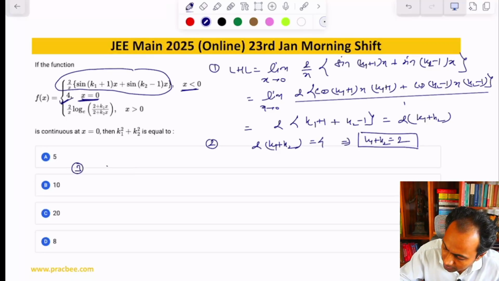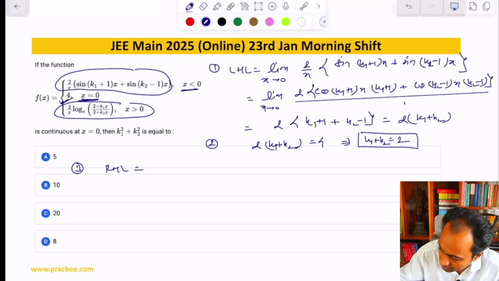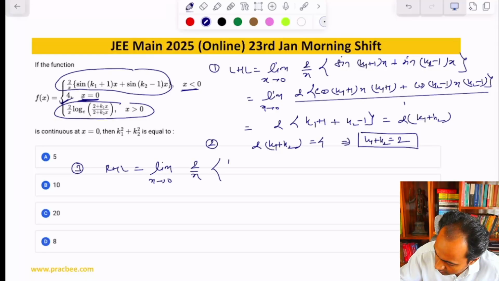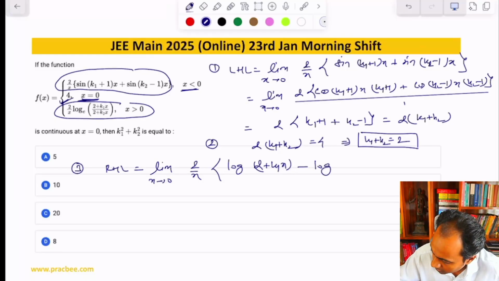So in the third part, in order to find RHL, we'll take the function on this side and then again do the same thing. X tends to 0, 2 by x log of (2 plus k1x), and now I am applying the property of log and writing this as log of (2 plus k2x).